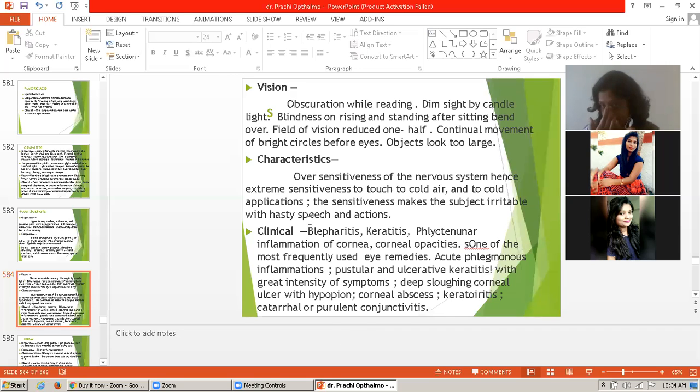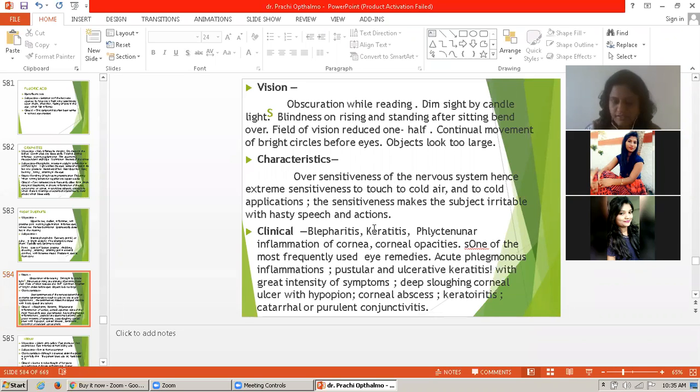So the characteristic of Hepar sulph is an oversensitiveness of the nervous system. Hence, extreme sensitiveness to touch, to cold air, and to cold application is seen in Hepar sulph, and the sensitiveness makes the subject irritable, with hasty speech and action.